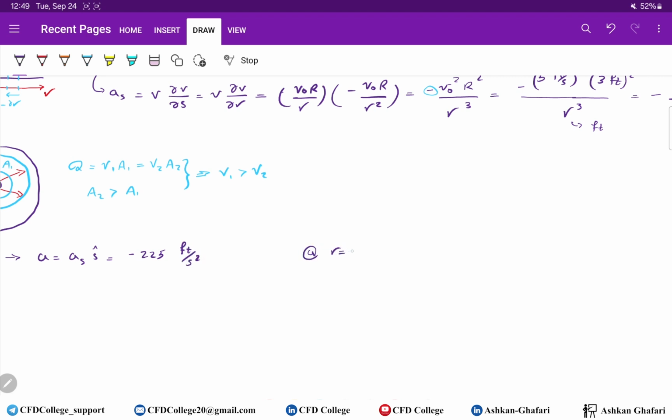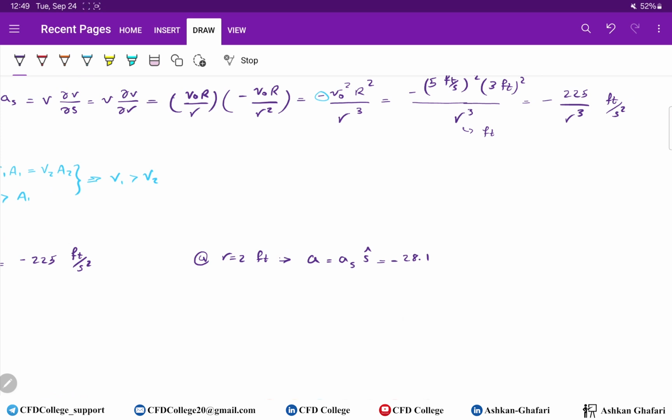At r equals 2 feet, the acceleration a_s in s direction equals minus 28.1. So you need to replace r with 1, 2, and 3 feet. It's easy.